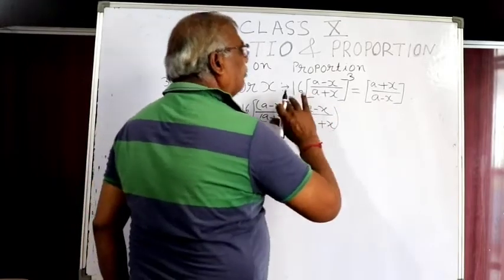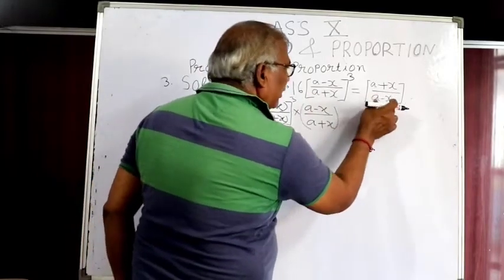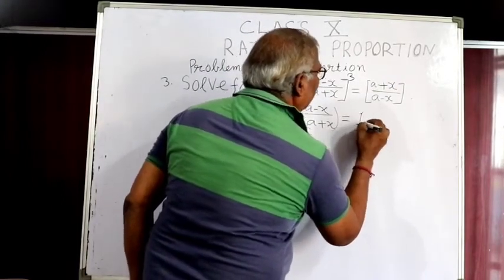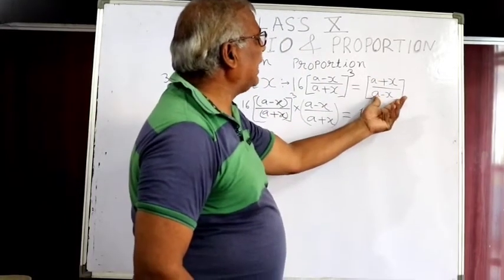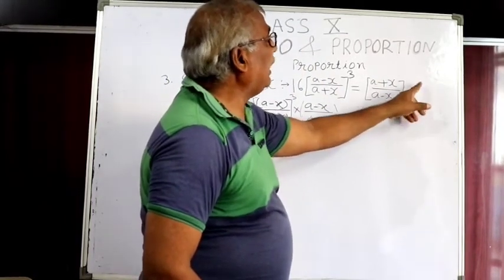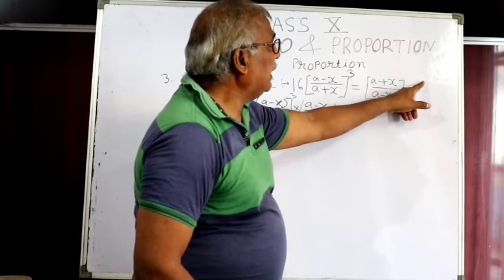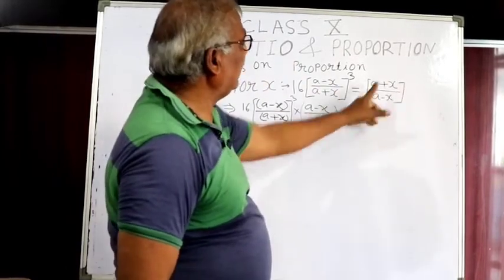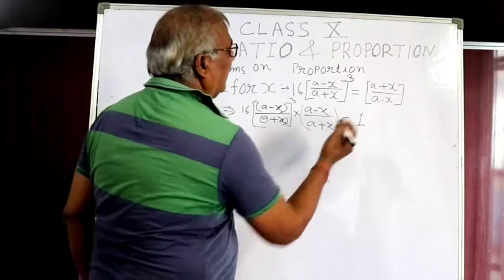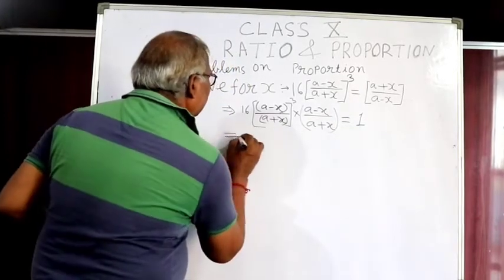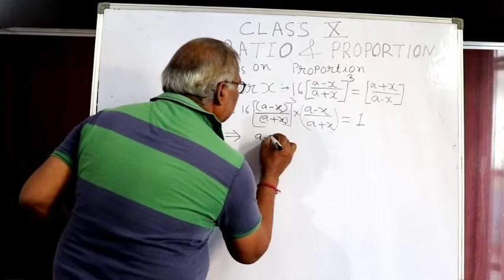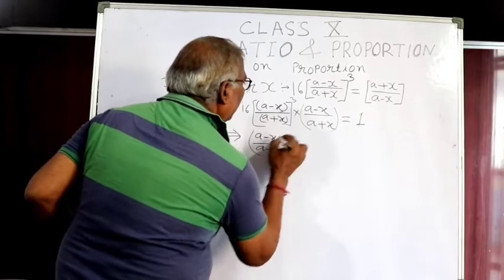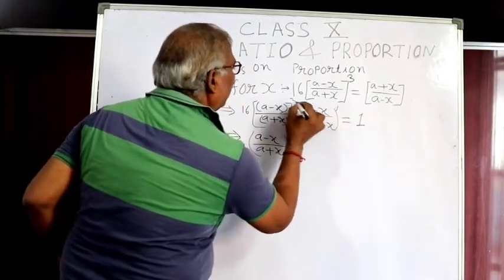So we multiply both sides by the reciprocal of the right hand side, then it is equal to 1. When we multiply a plus x upon a minus x by a minus x upon a plus x, a minus x and a minus x cancel, a plus x and a plus x cancel, therefore we get 1.